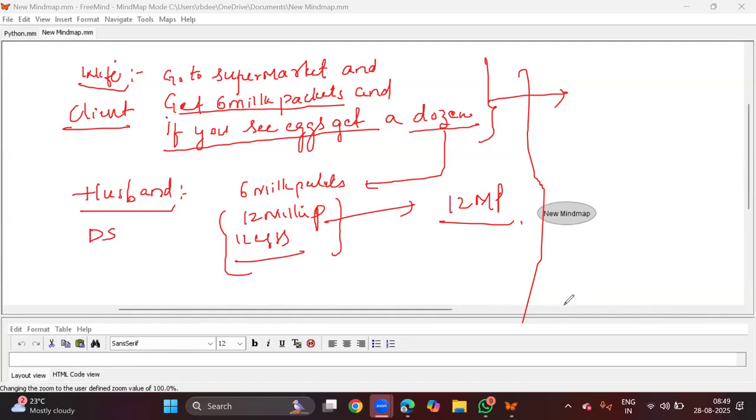So you'll end up with the wrong solution. So this is how it happens if you're not understanding the business problem correctly.